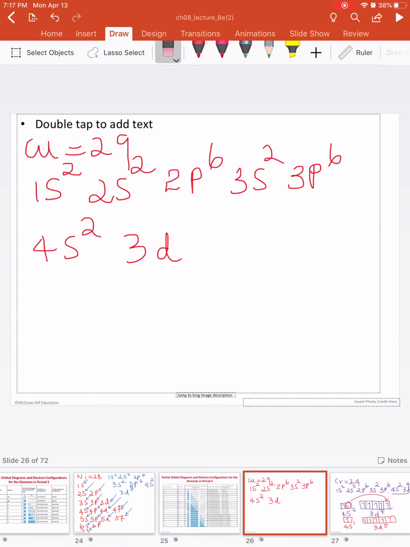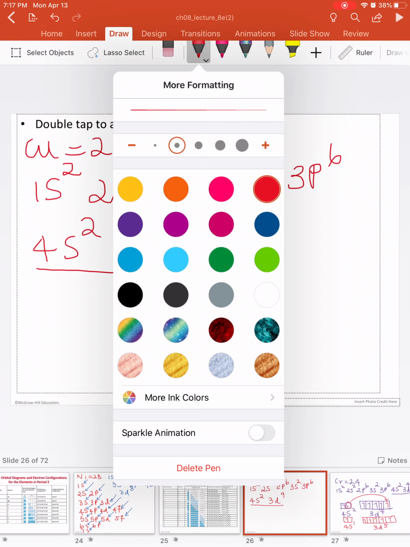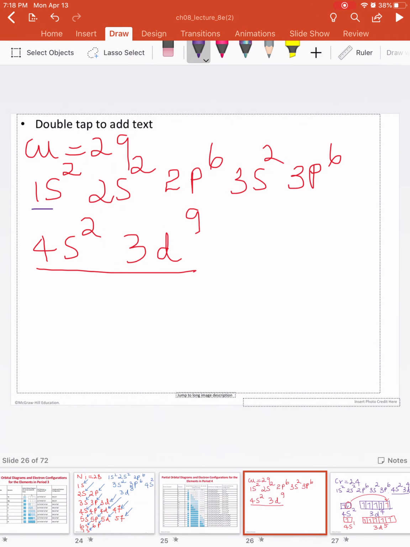Right now we have up to 2 plus 2, 4 plus 6, 10, 12, 18, 20. So we only need 9 electrons for the d orbital, copper 29. So the outermost configuration is going to be 4s2, 3d9, because up to here is your noble gas configuration prior to copper, which is argon, 18.